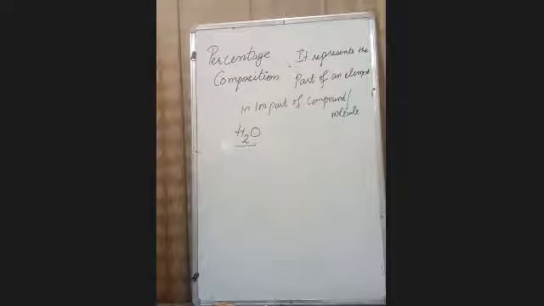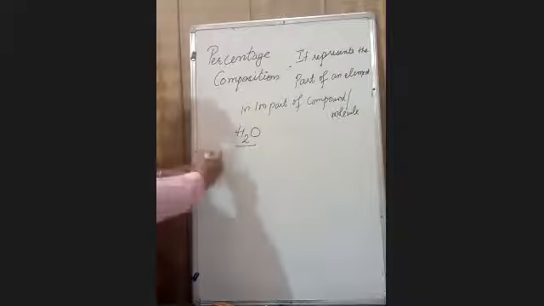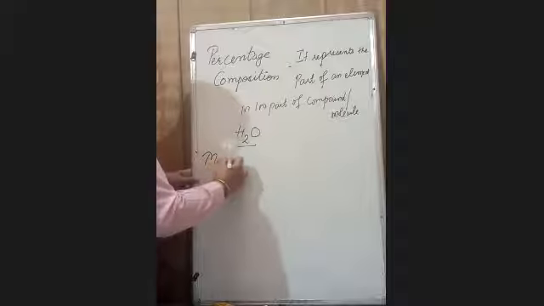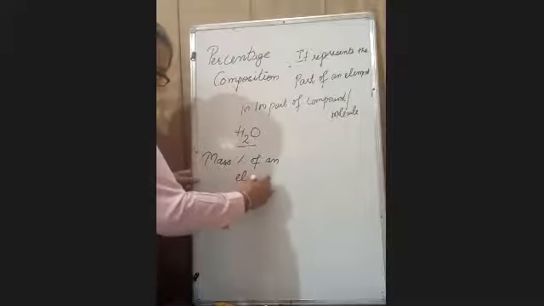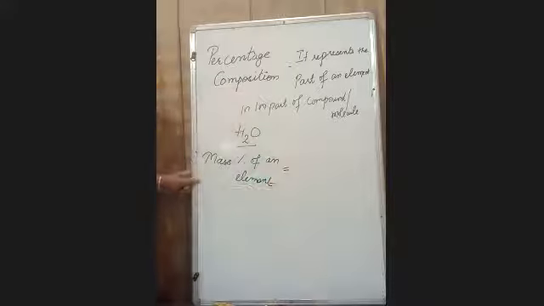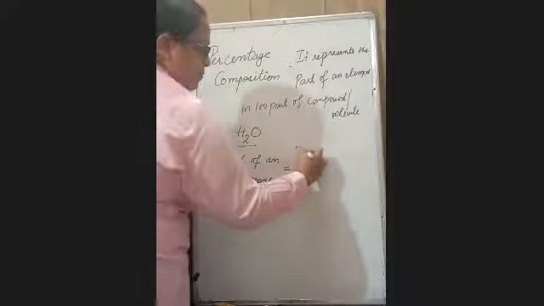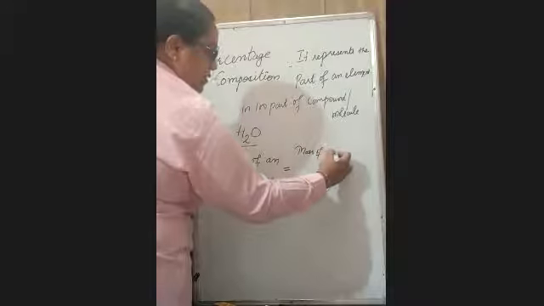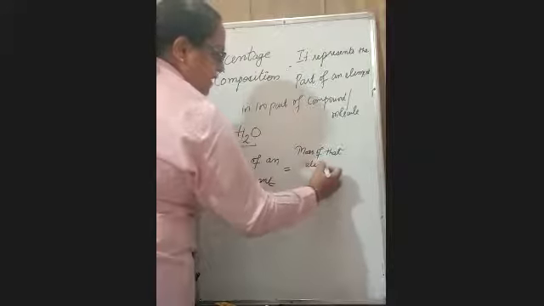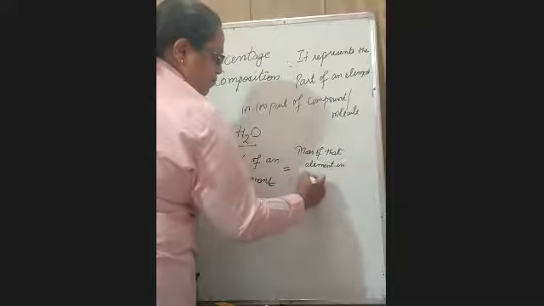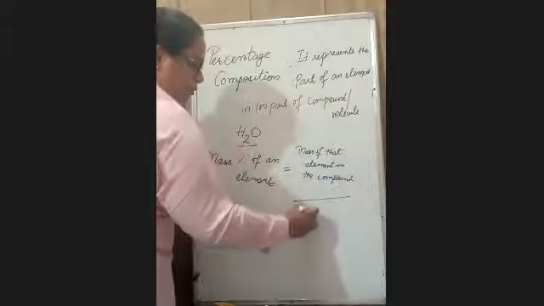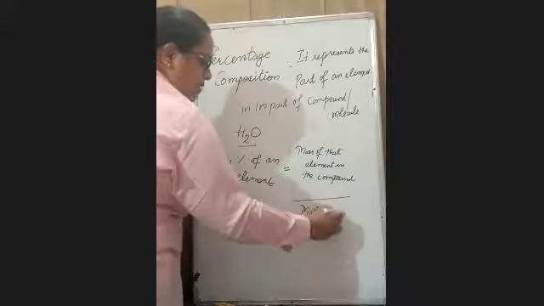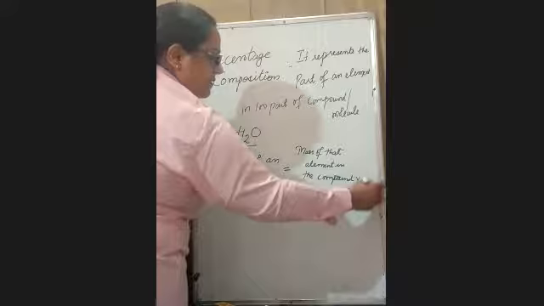Mass percentage of the element is equal to mass of that element in the compound over molar mass of the compound into 100, because we have to calculate the percentage.